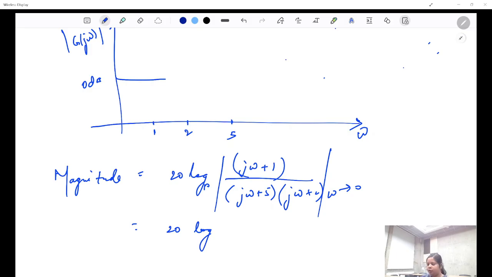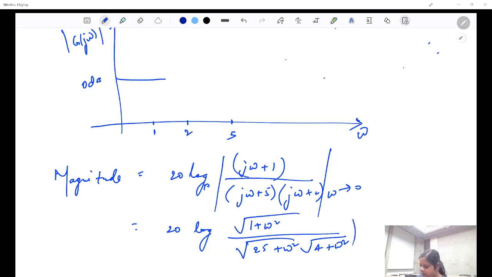When you put the value of magnitude, in the numerator you'll have 1 plus omega square, here you'll have 25 plus omega square, here you will have 4 plus omega square, and we have to put the value of omega to be 0.